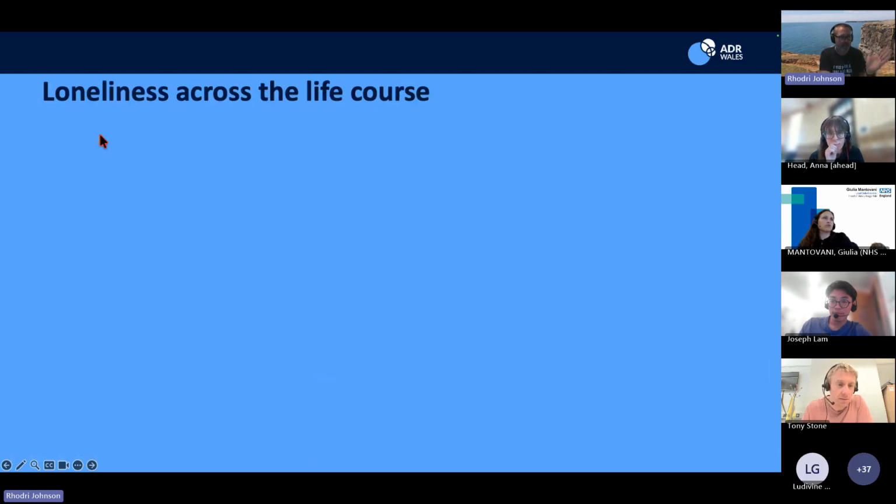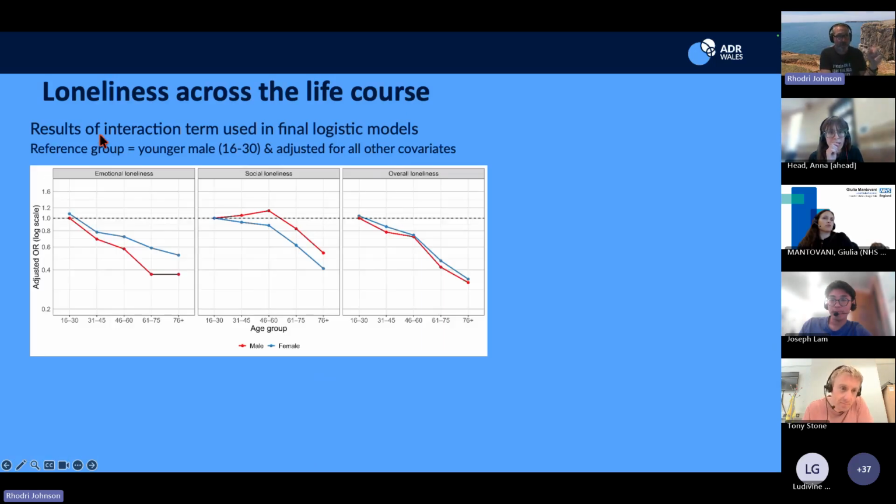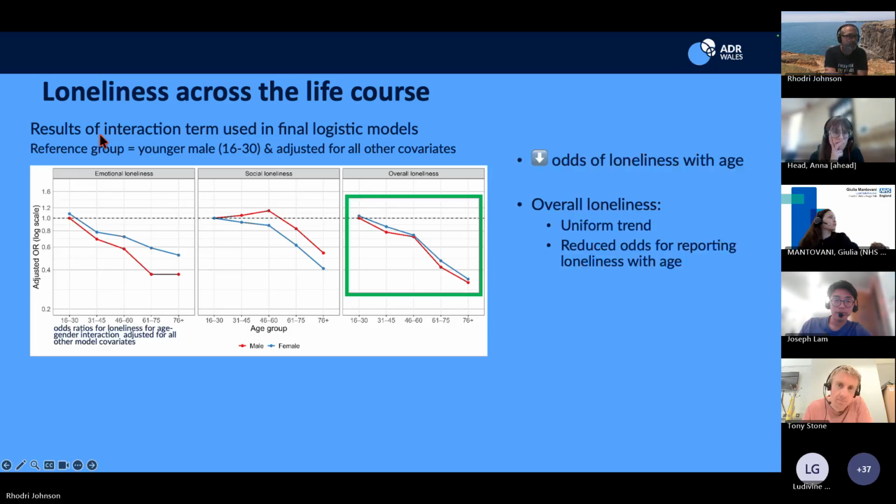And then I think this is the final slide to do with the study. This is showing loneliness across the life course, the interaction between age and gender, whilst accounting for all the other factors, social, age, etc. For the overall, there's a steady decline in self-reported loneliness, where the reference group is the younger males, but in this case both females and males have a similar downward trend in reporting of loneliness, with less than half the odds for people who are 76+.